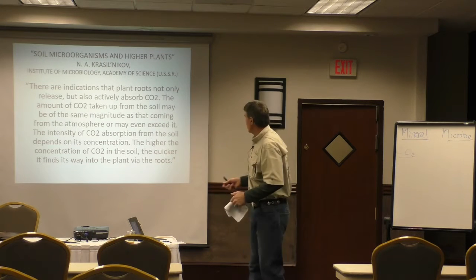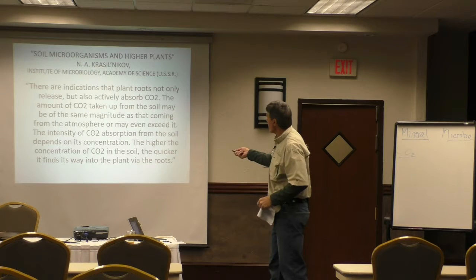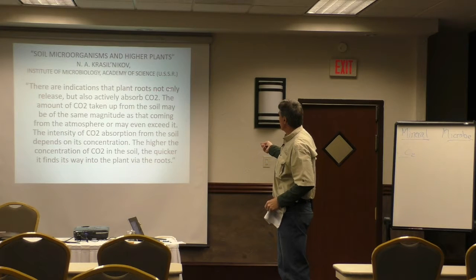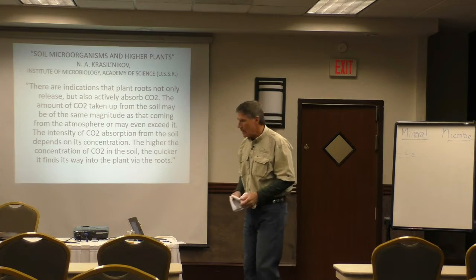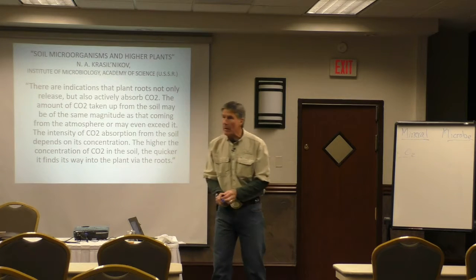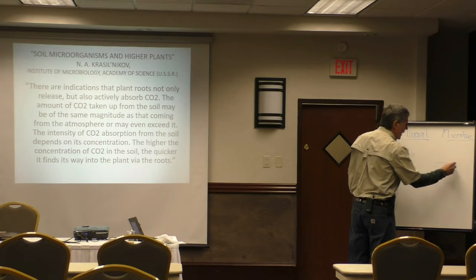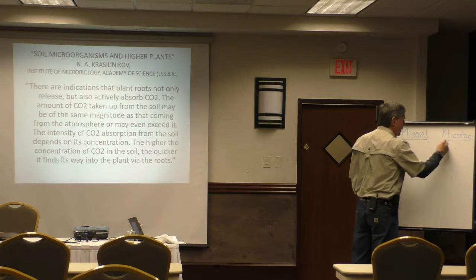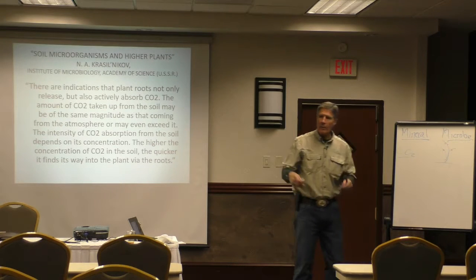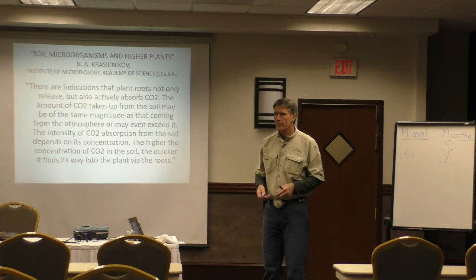And so as a plant, there are indicators that plant roots not only release but actively absorb CO2. We were told before by the same guys who sell NPK that occasionally a plant will take up a little CO2 from the leaves through the stomata.